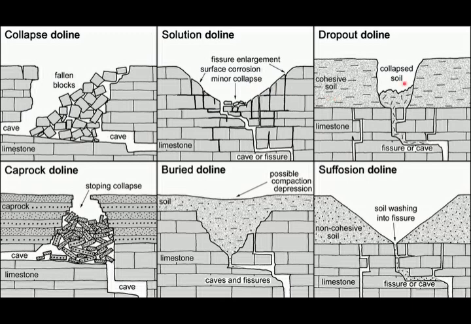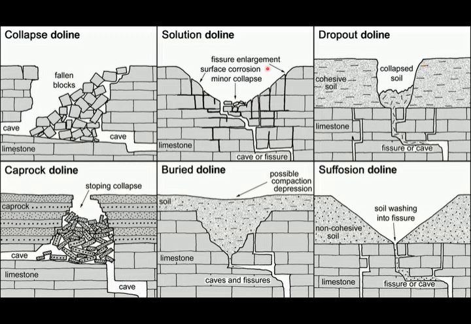Sometimes the soil that is situated over a fissure or a fracture in the limestone collapses into that fissure or fracture, creating another doline.